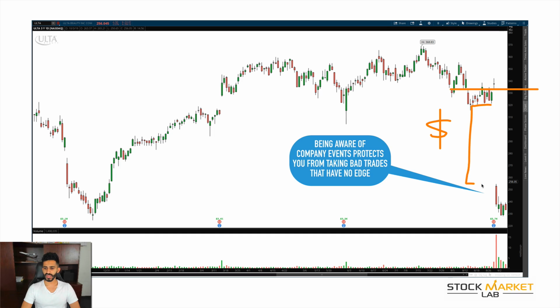So with that being said, if you don't have an edge, I don't recommend playing earnings, and it's simply very hard to have an edge on earnings in my opinion. Now, being aware of any sort of event is very, very important, because it saves you from taking on dumb trades. It helps you avoid trades that don't have high probability or don't even have a probability at all, right?